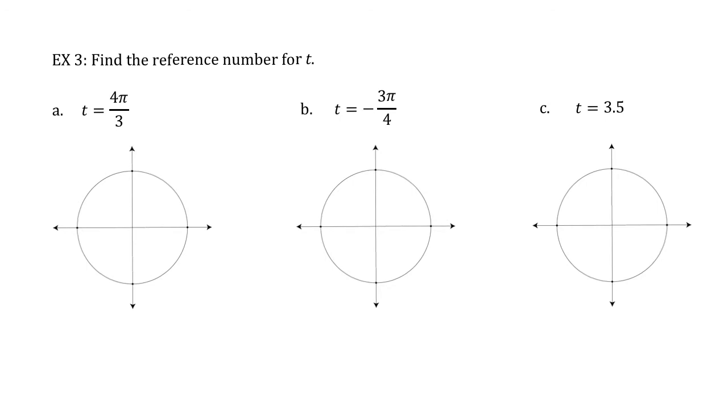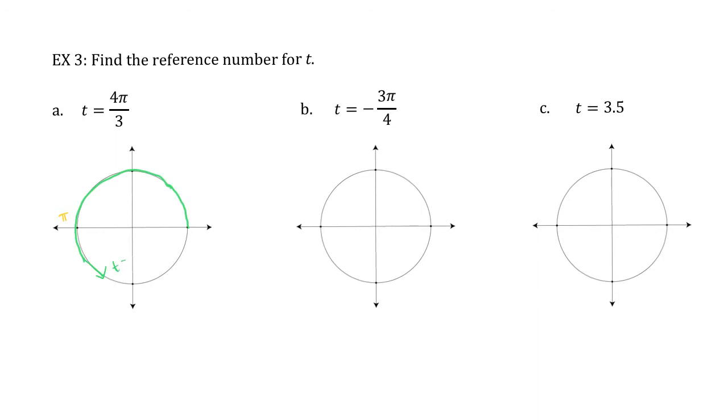We're going to find the reference number for a t of 4 pi over 3. It's positive, so I'm coming in the counterclockwise direction, counting by thirds. Here's pi, which is 3 pi over 3, and keep going one more third, so here we are.